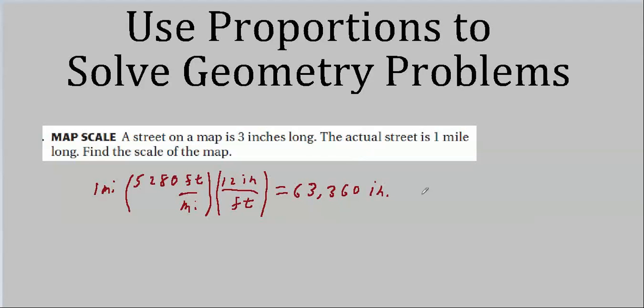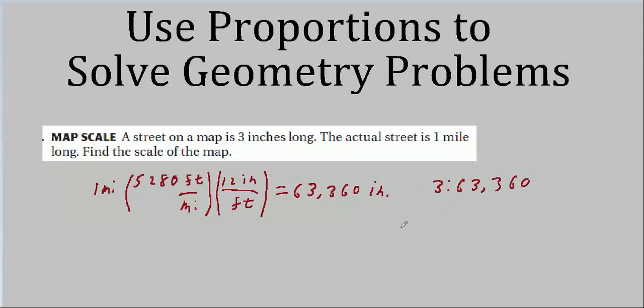So we can start off by writing our scale as 3 to 63,360. But that's not the way you usually write a scale. It's better to reduce it. For instance, if we can get a 1 here, where the 3 is, that'd be better. To reduce it, it's usually easier to think of it as a fraction.